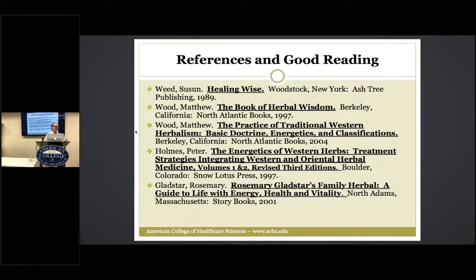Rosemary Gladstar is an amazing human being, and I love her approach. She has the wise woman approach, which is: why would we make a tea out of something when we can just make a soup out of it? Why don't we just eat this stuff and make it part of our diets? You can make a tea or a tincture out of nettles, but you can make nettle soup.